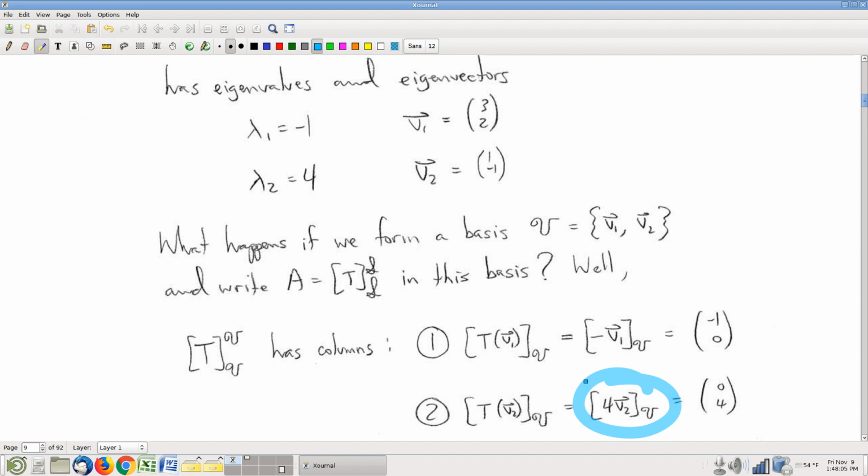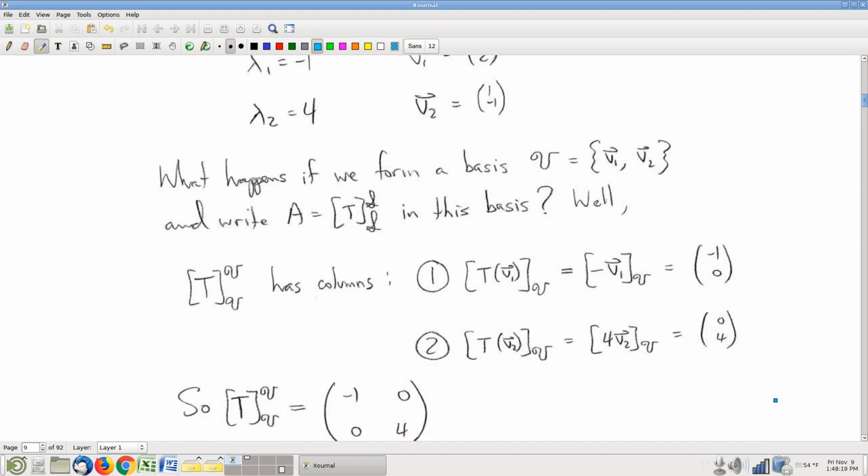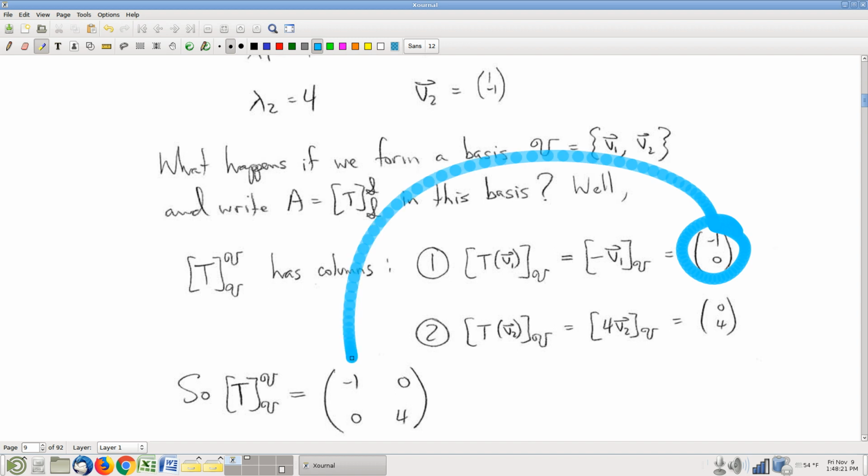Well, observe, it already is, and just observe what those coefficients are. 4V2 is 0V1 plus 4V2. Again, a freebie, right? And so you can see the diagonalization happen by this becoming the first column, and this becoming the second column, and there it is, lo and behold, diagonal.